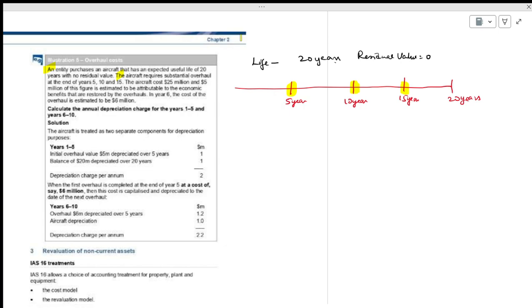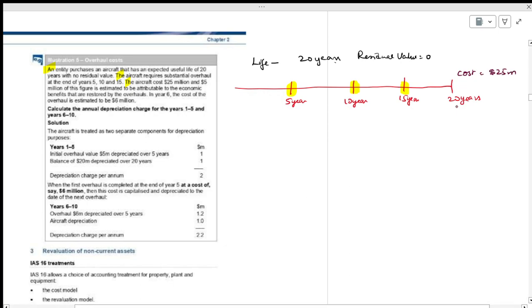Third sentence, the aircraft cost is how much? 25 million. And 5 million of this figure is estimated to be attributable to the economic benefits restored by the overhaul. Then the cost is 25 million.